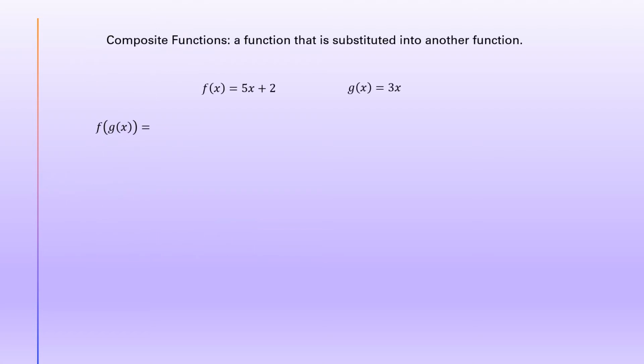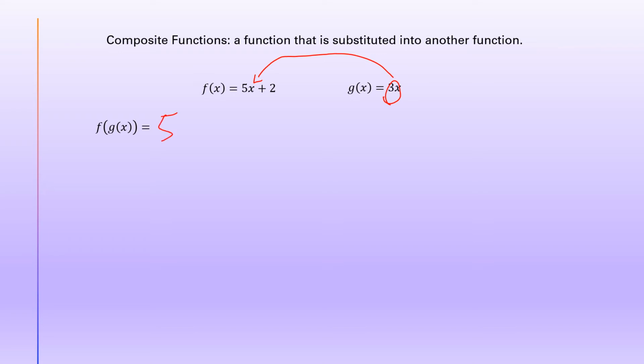Next we have composite functions. We get a composite function when one function is substituted into another. So for example, if we have f of x equals 5x plus 2 and g of x equals 3x, f of g of x, in order to get that function, we would substitute g of x, which equals 3x, into the x of 5x plus 2.